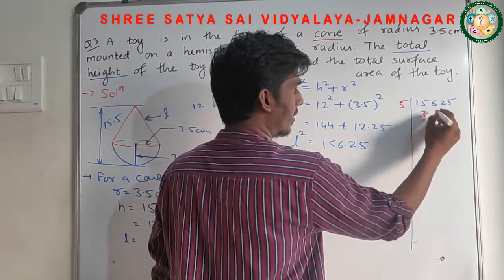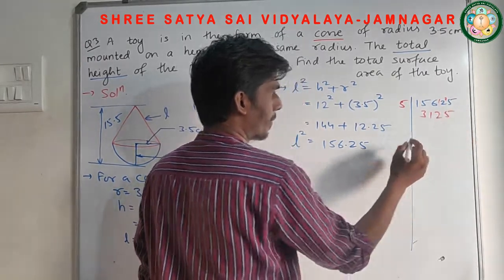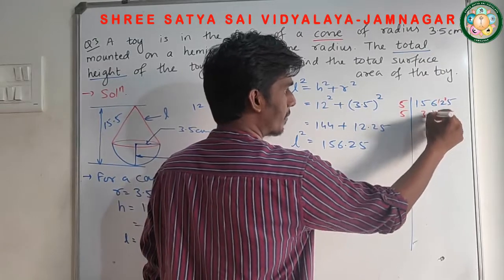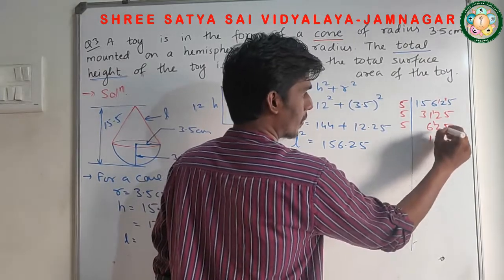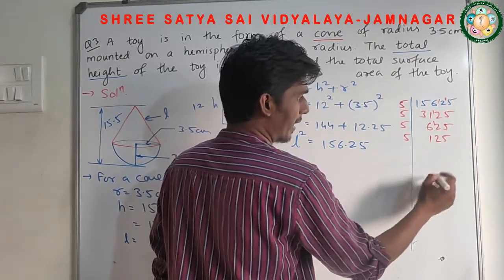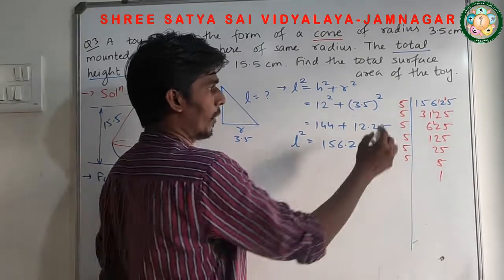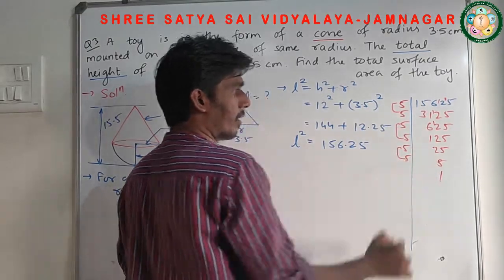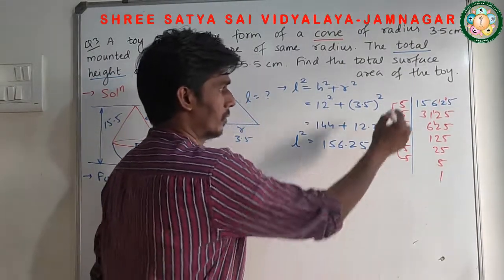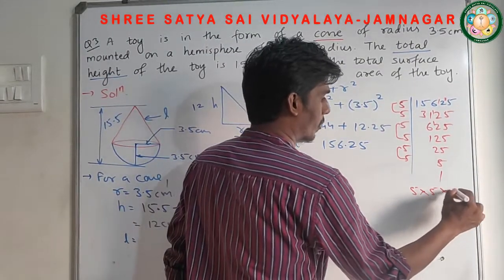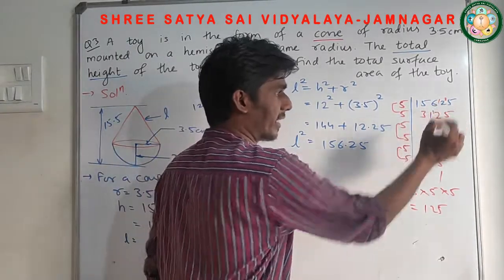So 5 1s are 5, 5 2s are 10, and so on, 25. To find its square root, it's 5, 5, 5. How many times is it 5? So its square root will be 5 into 5 into 5. It's 125. Here we didn't take the decimal point.